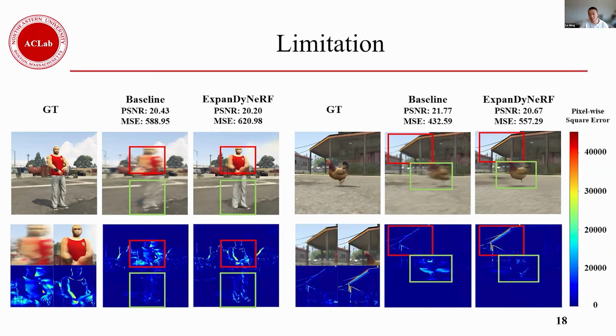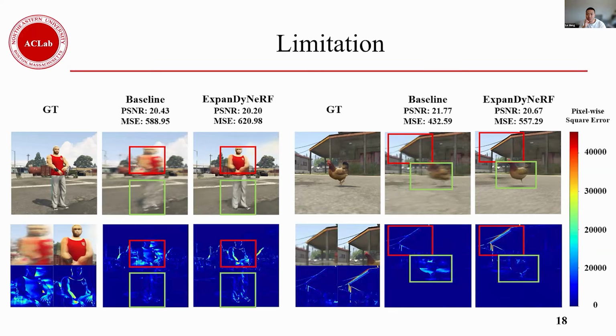In the red box, the region shows where the expanding NeRF produced a sharp and detailed reconstruction, yet the PSNR may actually score lower. The pixel-wise heat map explains that our sharper output introduces localized high density errors, while the baseline's blurry readout has a smoother transition and therefore lower MSE.